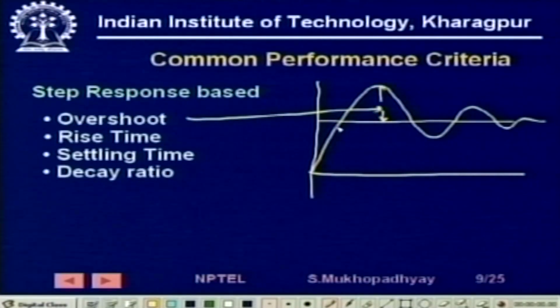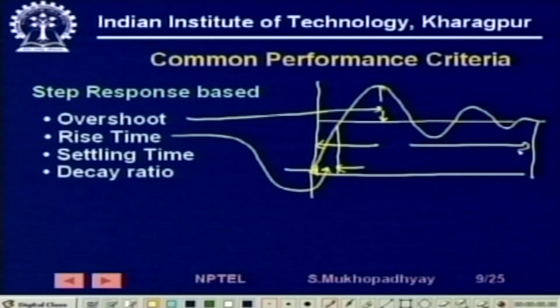It may be based on some 10% to 90% rise time, which is this time. It may be based on a settling time, which is this time. Or it may be based on a decay ratio, which says what is the ratio of the first overshoot to the second overshoot, that is this divided by this, second overshoot by first overshoot.